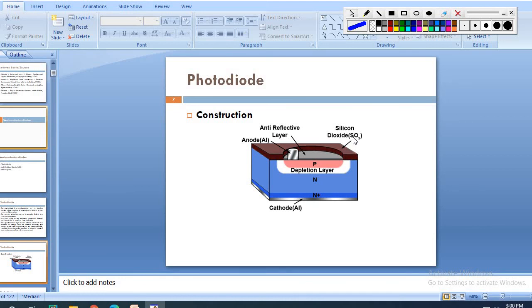The anti-reflective layer is used for the absorption of light on the semiconductor device. The aluminum anode is connected to the P type, and the aluminum cathode is connected to the N plus because of its low resistance.